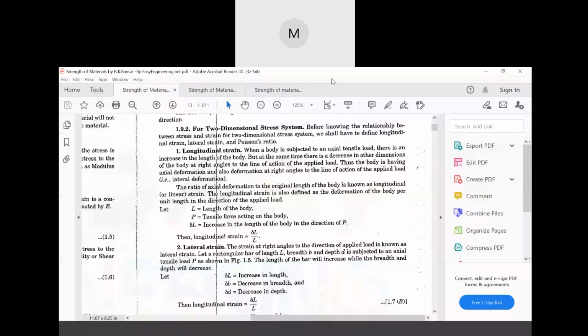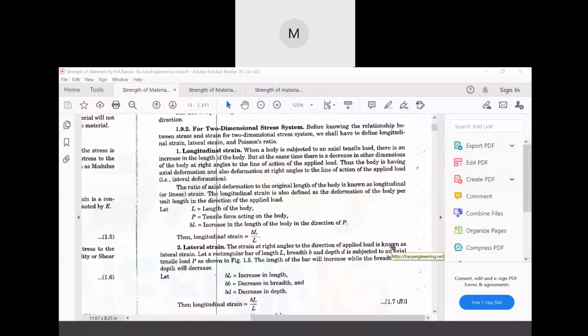The longitudinal strain is when a body is subjected to axial tensile load. If the body is subjected to axial tensile load, then we call it longitudinal strain. So this is what is called longitudinal strain.